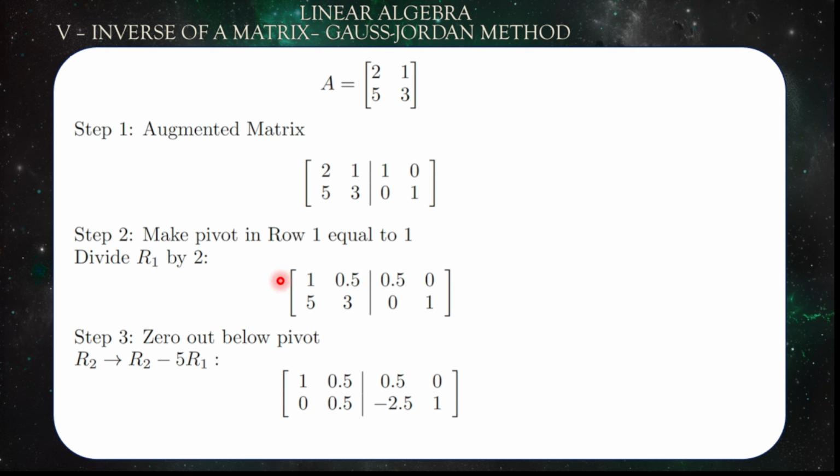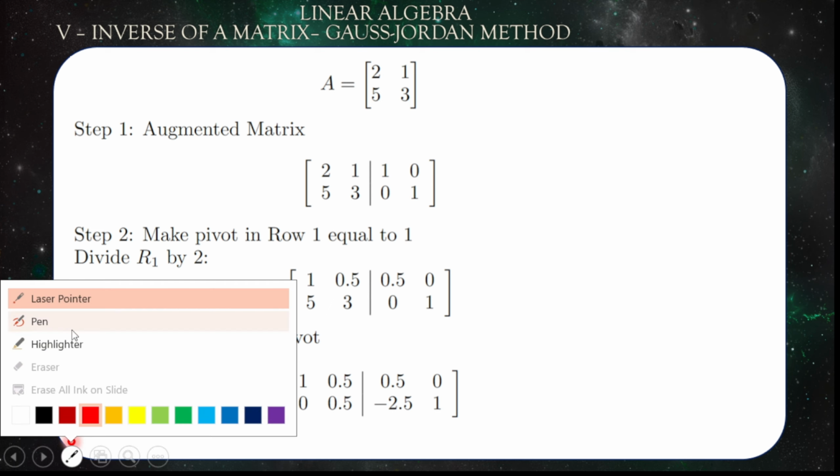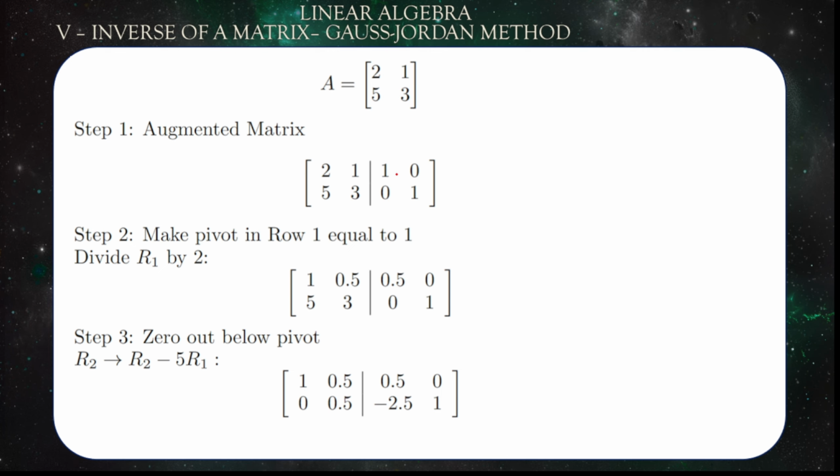Or in other words, you can write it as R1 equals R1 divided by 2. So 2 divided by 2 is 1, 1 divided by 2 is 0.5, 1 divided by 2 is 0.5, 0 divided by 2 is 0. So the identity matrix to the left has started to take shape.